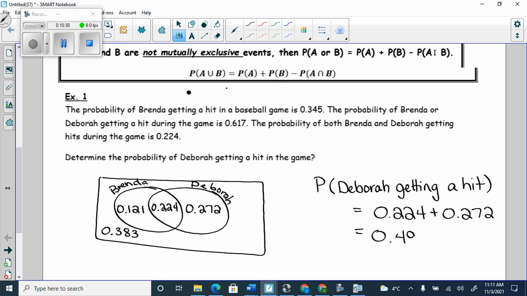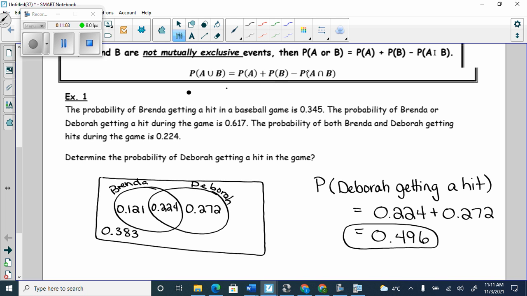Did you get that? Because you have to add up the Deborah one. It doesn't say Deborah only, right? If it said the probability of Deborah only getting a hit, it would be 0.272, correct? But you have to add the two up. So you have to spot these as a Venn diagram probability, so they would add to 1.